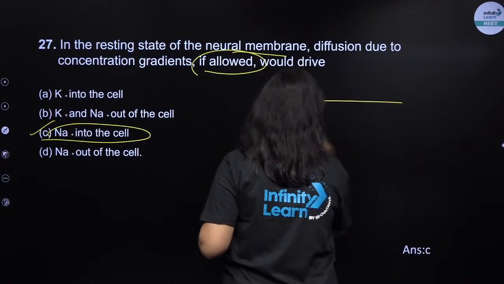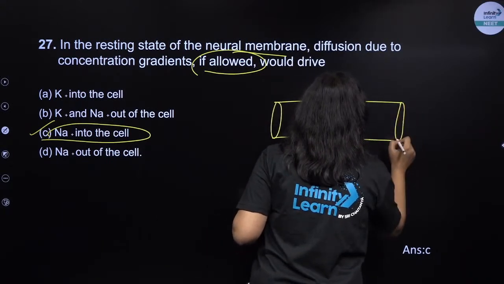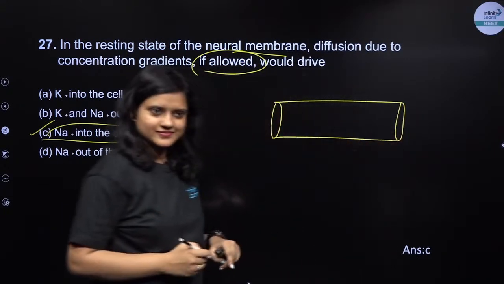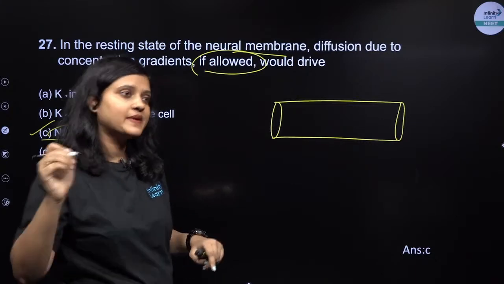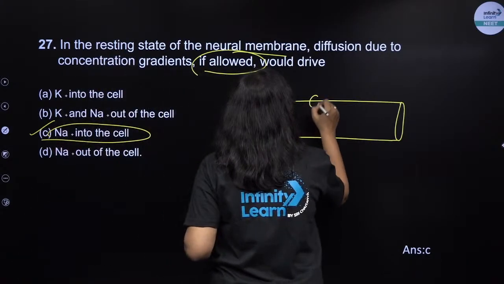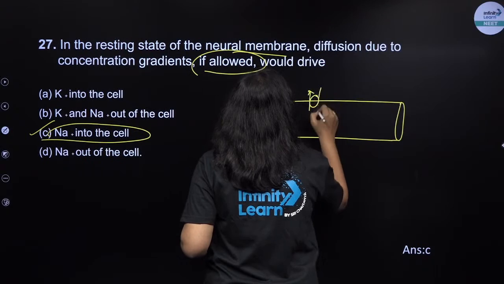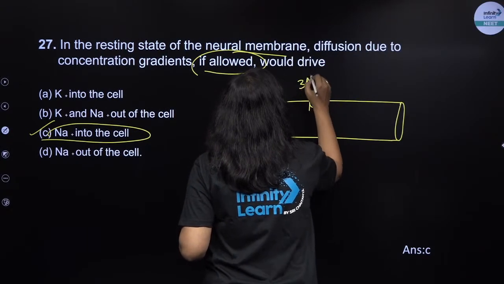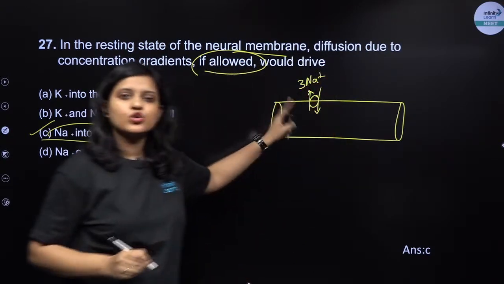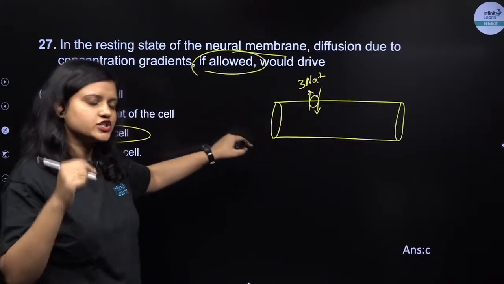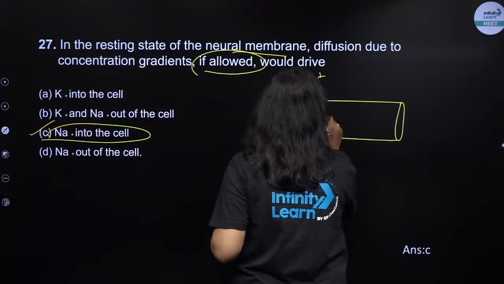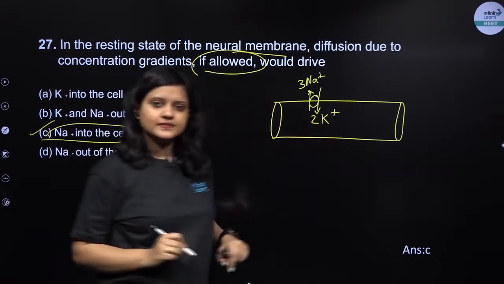Again, this is my axon. The sodium potassium pump is running here. Okay, this sodium potassium pump sends 3 sodium outside and takes 2 potassium inside. Fine.